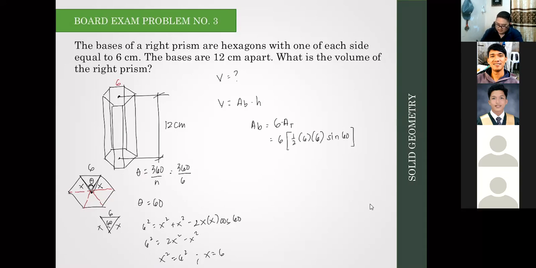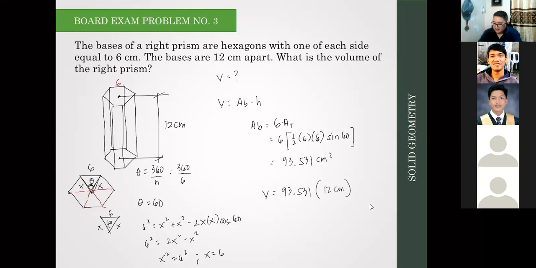Okay? So, this will be 6 times 6 times sine 60 times 6 divide 2. Okay, so that is 93.531. Okay? So yung volume natin will be equals to 93.531 times yung 12 cm natin. So this is cm squared.